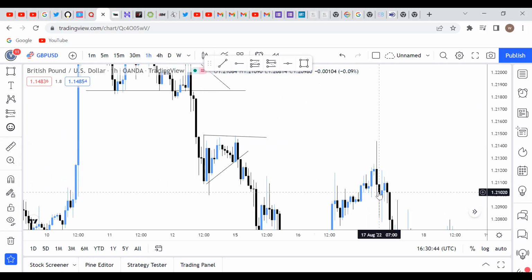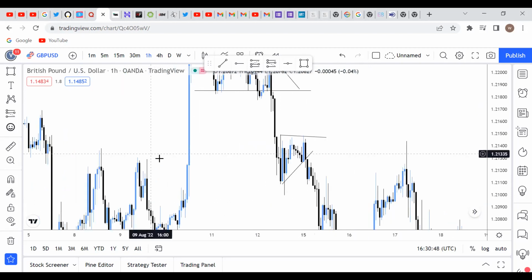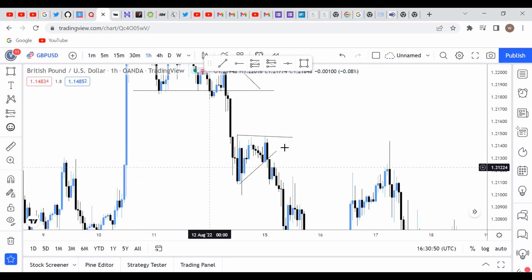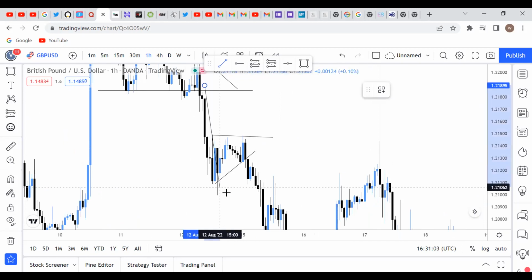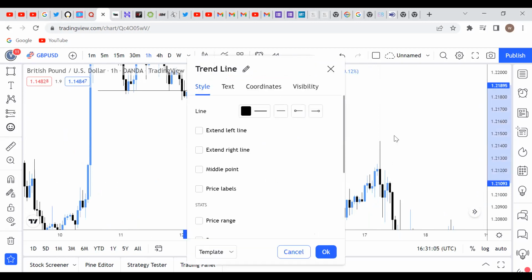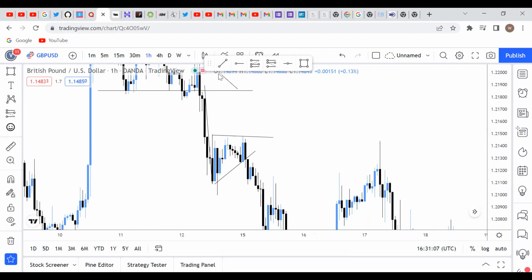So today I've done triangles. Tomorrow we are going to handle what we call wedges and flags. In any kind of triangle, the impulsive move before the triangle is what we call a pole. In most cases, this pole is equal to the take profit level.